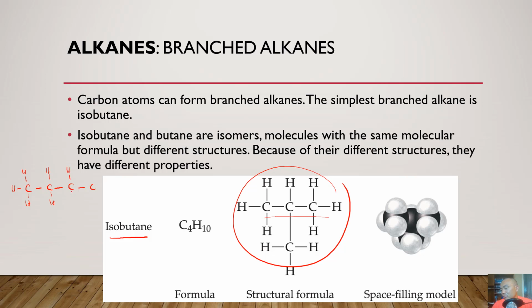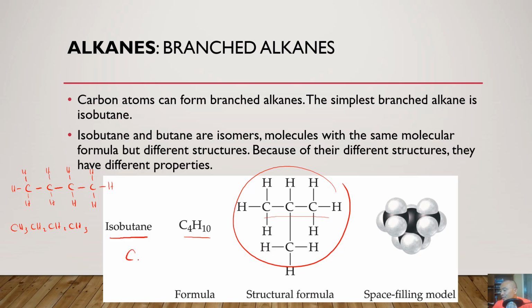This is the structural formula for so-called normal butane, or simply butane, with the corresponding condensed formula as you see over here. But you can also write a different structure as you see over here.